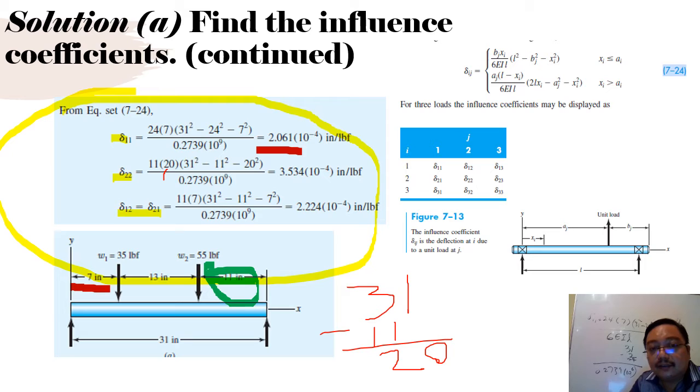You put in everything, 31 squared minus 11 squared minus 20 squared, and you get this value. And then the relation between delta 1 and delta 2, meaning both relations, you get 31 minus 11 minus 7, then you get this value. I hope you understand this.